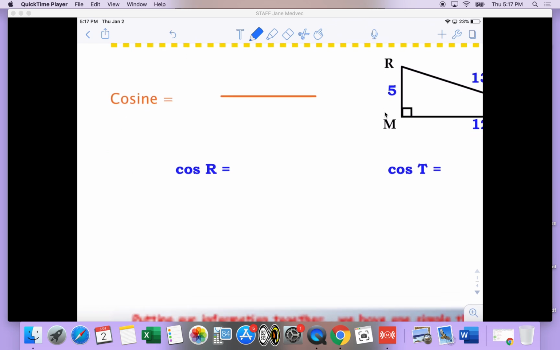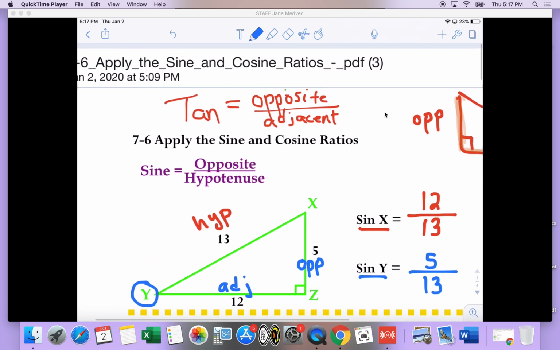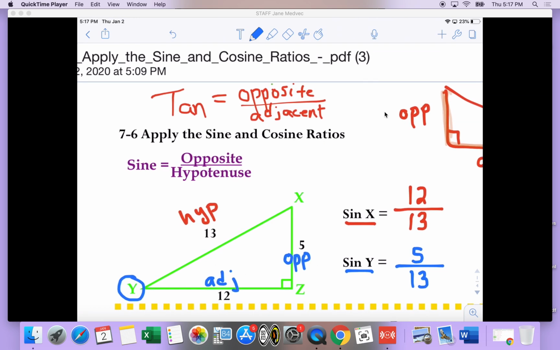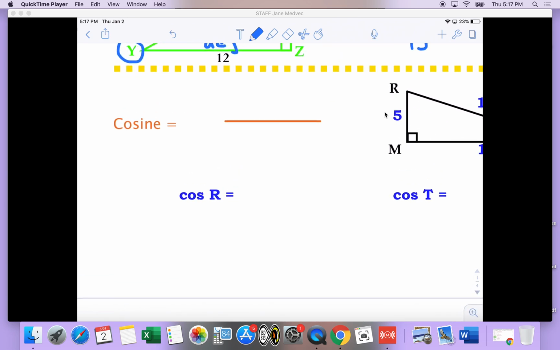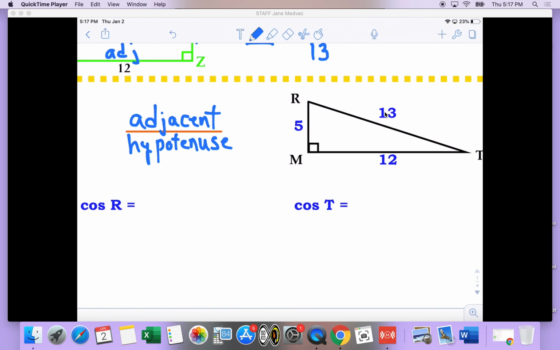If I move forward, cosine is not opposite over adjacent, which we had for tangent. It is not opposite over hypotenuse, which we had for sine, but actually it is the adjacent over the hypotenuse. Okay, so if I'm taking a look at this triangle, I'm looking at cosine r.